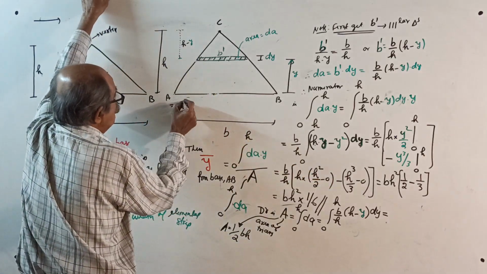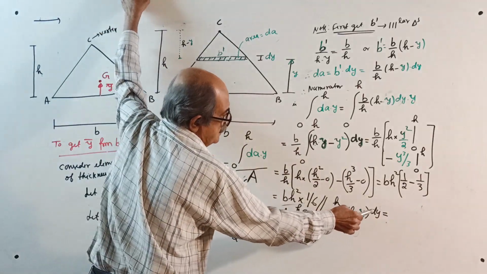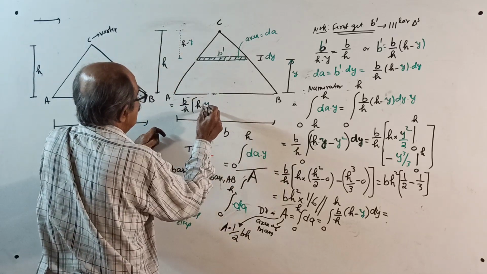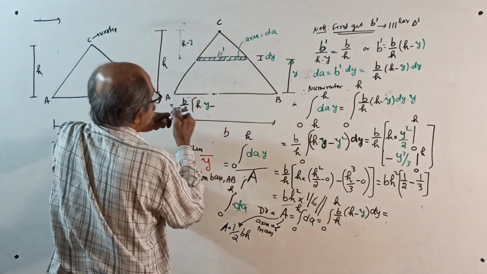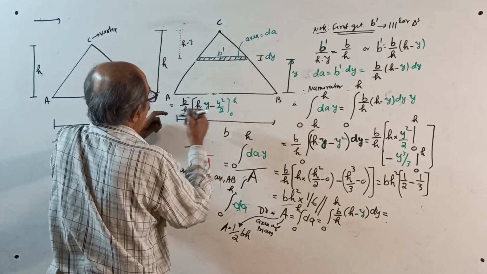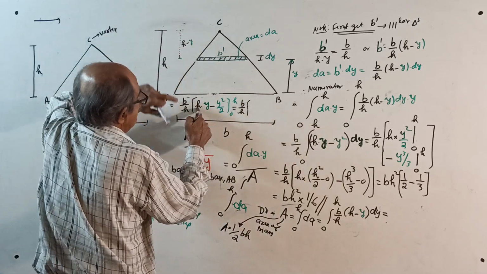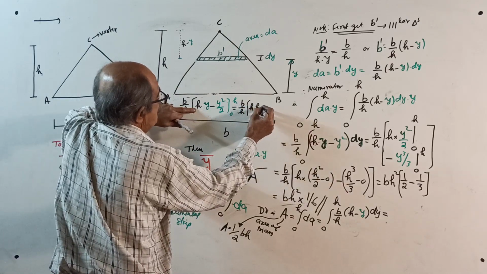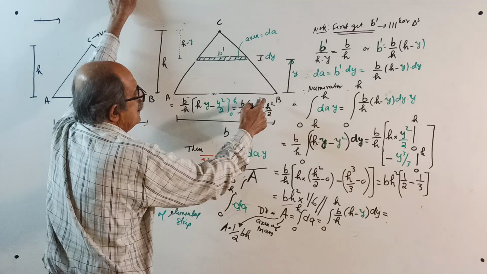See now, that is equal to b by h times h into dy, that is h into the constant, y minus y becomes y square by 2, from 0 to h. Or it is b by h into, once again, h square minus h square by 2.